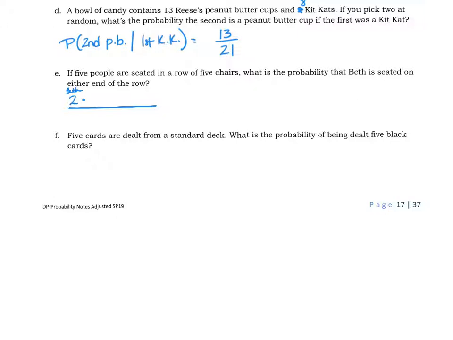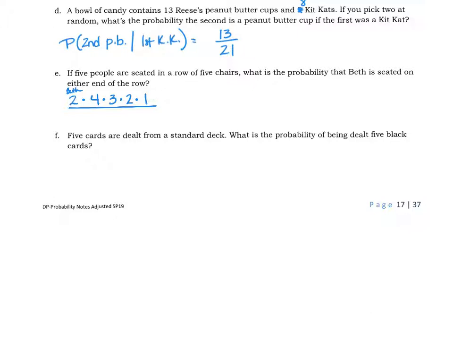Once Beth sits down, now the next person comes up and they're going to sit. They have four choices of how many chairs are left. Then the third person comes up. They have 3 chairs. The fourth person now has 2 chairs that are open to select from. And then the last person is stuck with whatever's left. Okay. As for the denominator, I just need to sit 5 people down in the row.